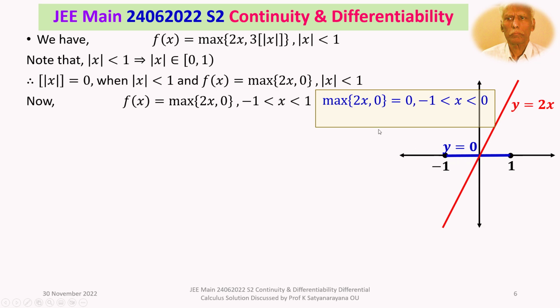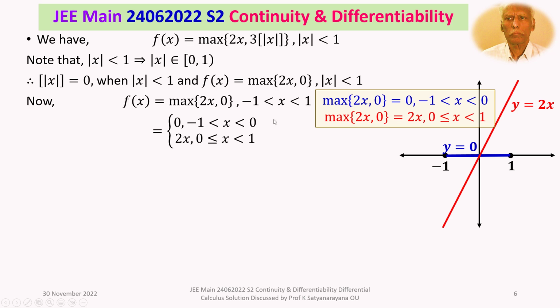In the interval 0 less than or equal to x less than 1, obviously the red one, y equal to 2x, will be the maximum. So f of x is equal to 0 in the open interval -1 to 0, and equal to 2x in the semi-closed interval [0, 1), closed at 0.